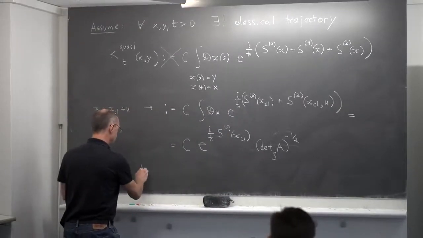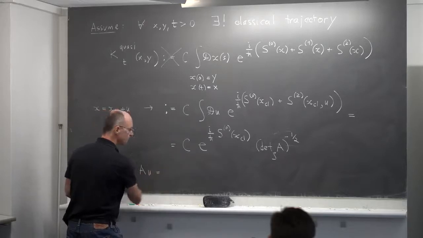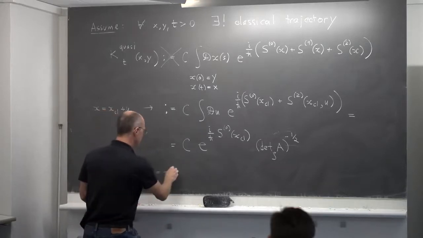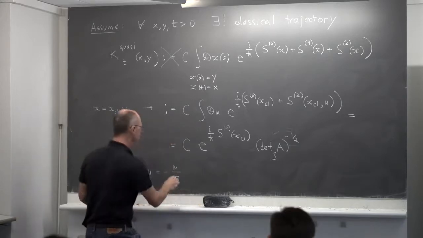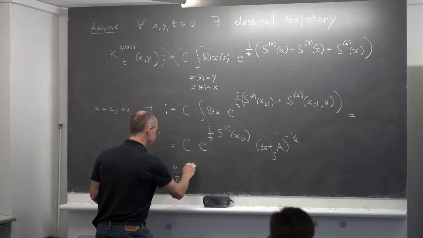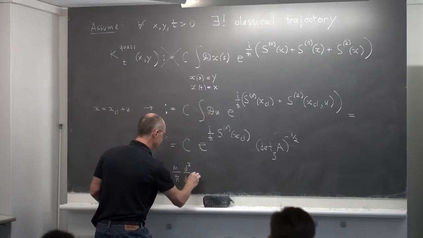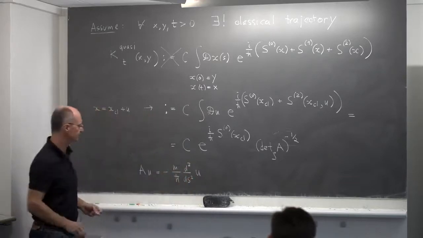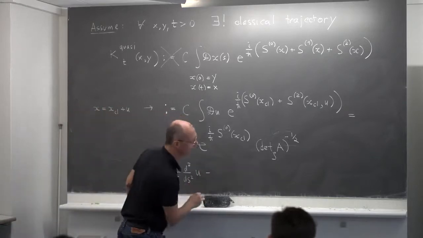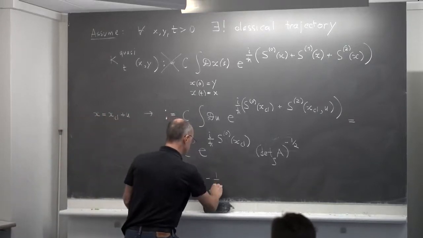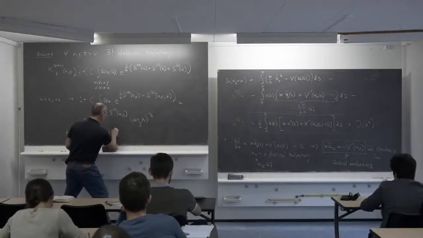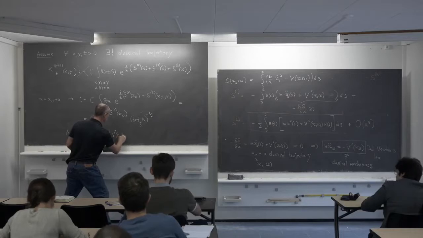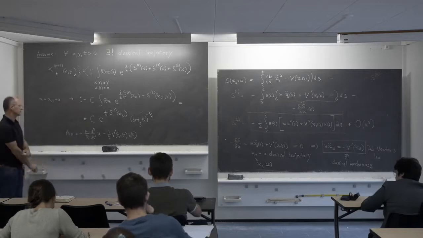So A of u is equal to minus m over h bar d2 over ds squared u minus 1 over h bar V double prime of x classical of s times u of s.